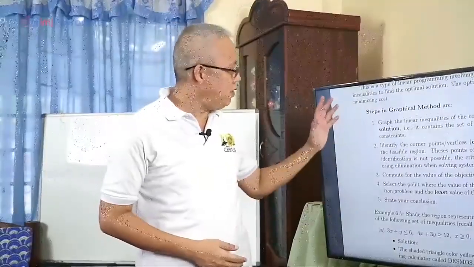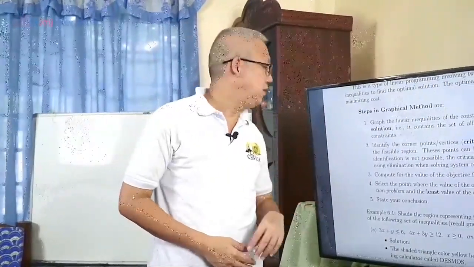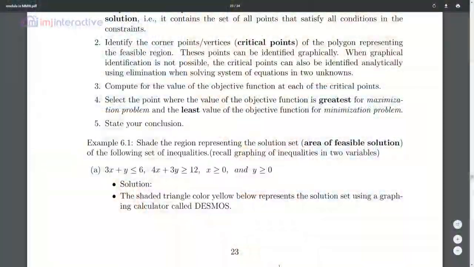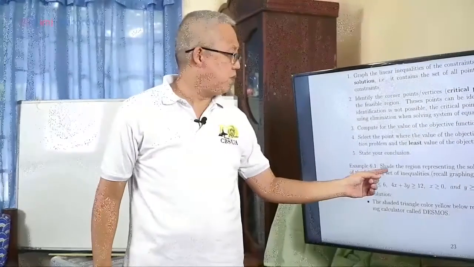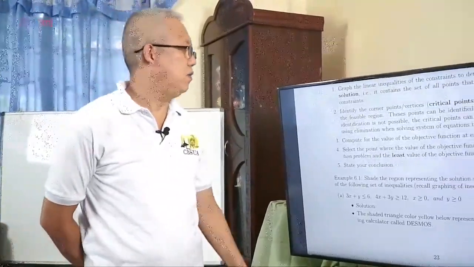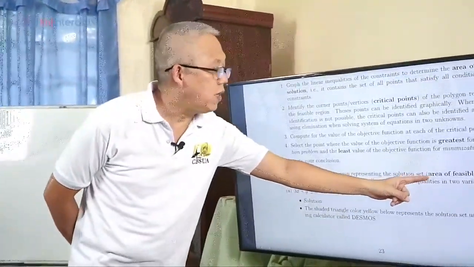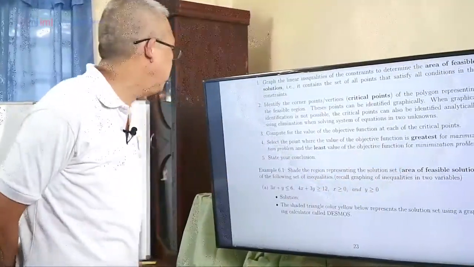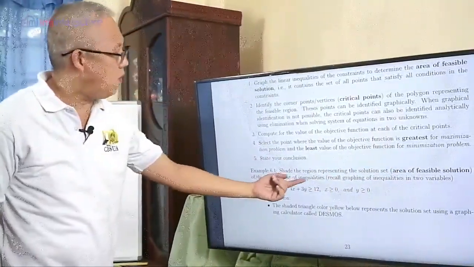Now, to understand this method clearly, let us take one example. Okay, the first example is example 6.1. Shade the region representing the solution set. The solution set we are referring to here is the area of feasible solution of the following set of inequalities.